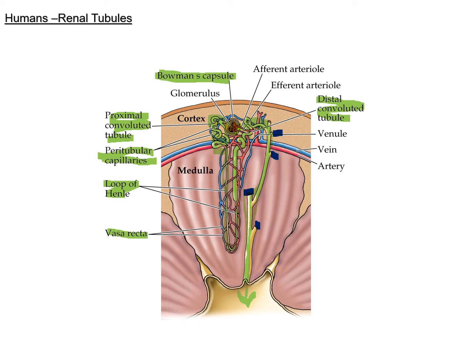There's many collecting ducts, all running down through this renal pyramid. It's full of collecting ducts, all leading to the very tip where it empties out its final product, the urine.